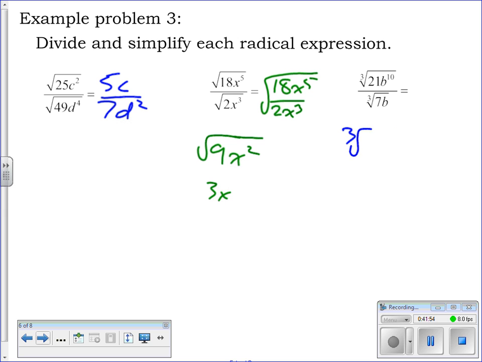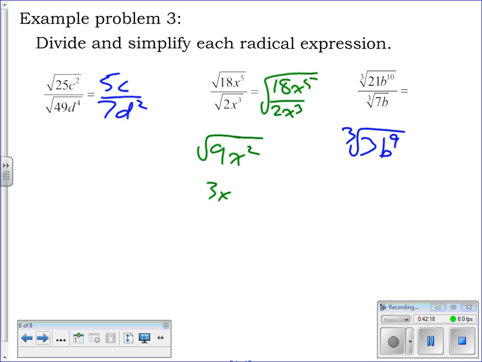So I have the cube root of 3. B to the 10th divided by b to the 1st is b to the 9th. 10 minus 1 is 9, b to the 9th. Now I can simplify my cube root. Can I simplify the cube root of 3? No. Cube root of 3 is cube root of 3. Nothing I can do about that.